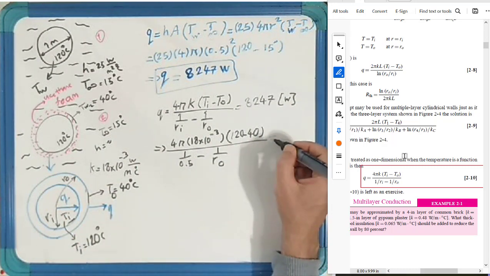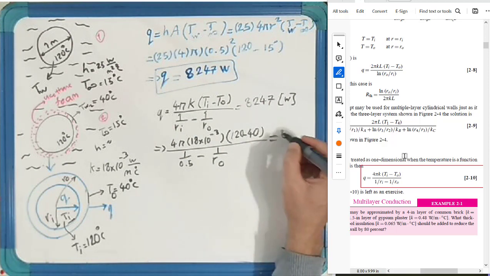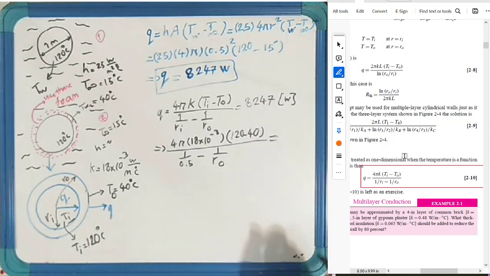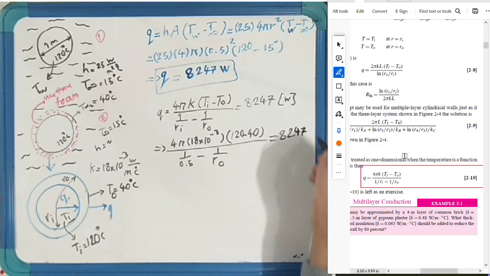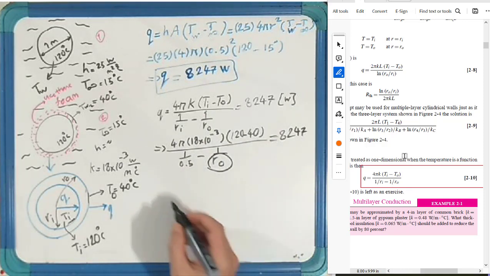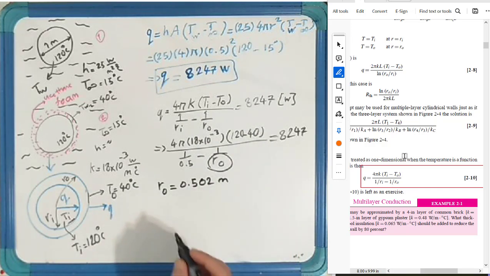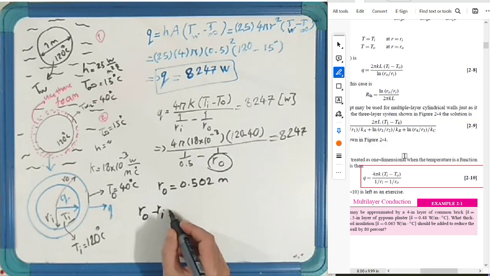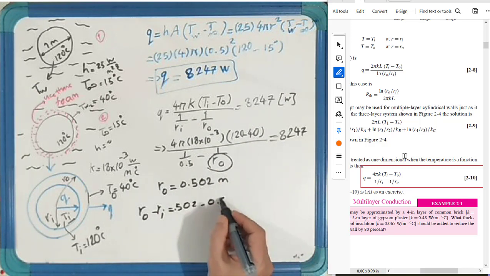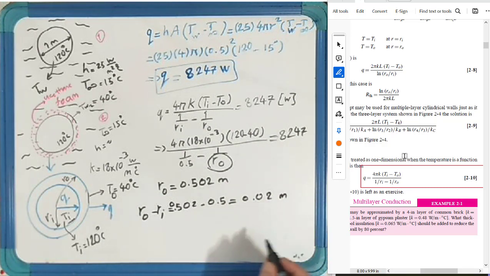Then it equals 8,247. Okay, if we calculate, we have just one variable. r out would be 0.52 meter, but we want to know r out minus r in, which is obvious: it is 20 millimeters.